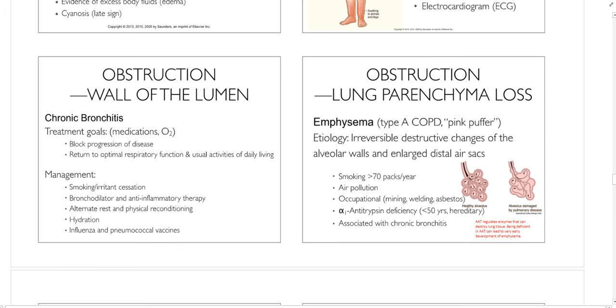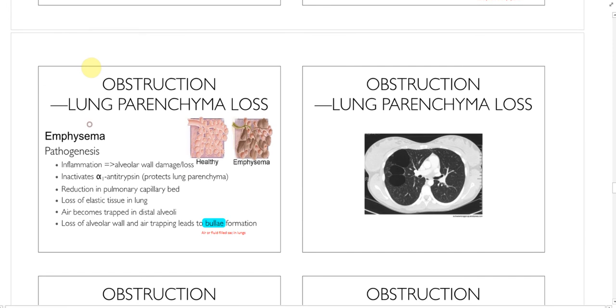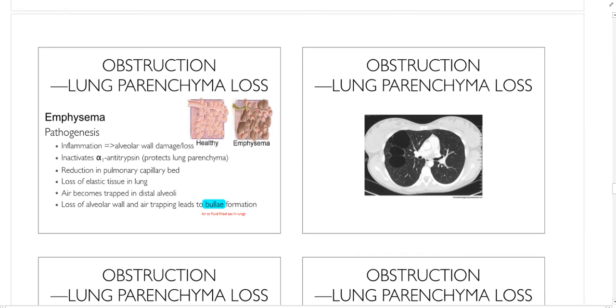Emphysema and chronic bronchitis can sometimes go hand in hand, and people can have both of them together. Again, this starts with inflammation, except it affects the alveolar wall, as opposed to the bronchi or bronchioles. Or we can have alpha-1 antitrypsin deficiency instead.